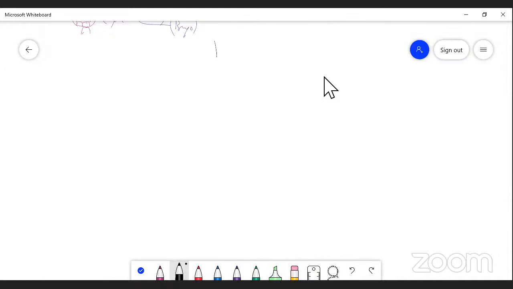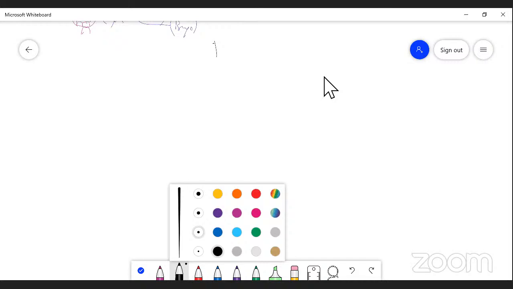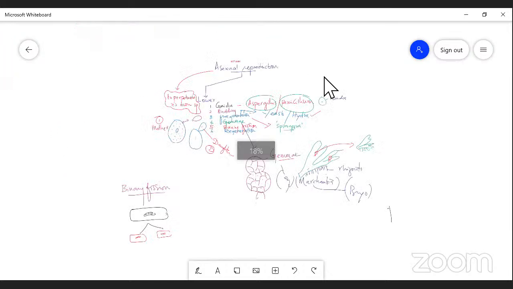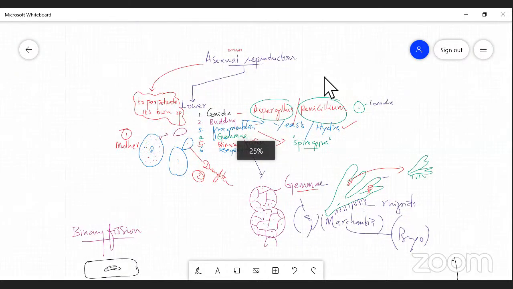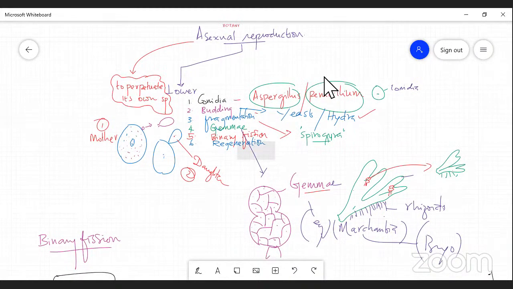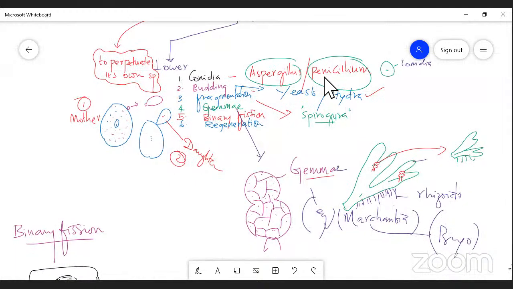The last type of asexual reproduction is regeneration.